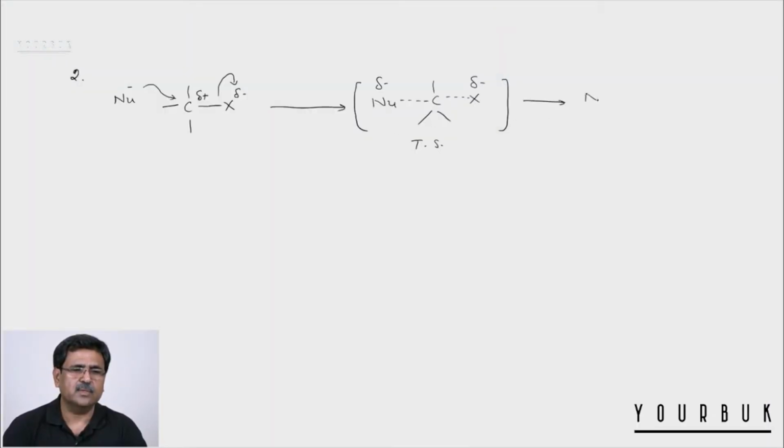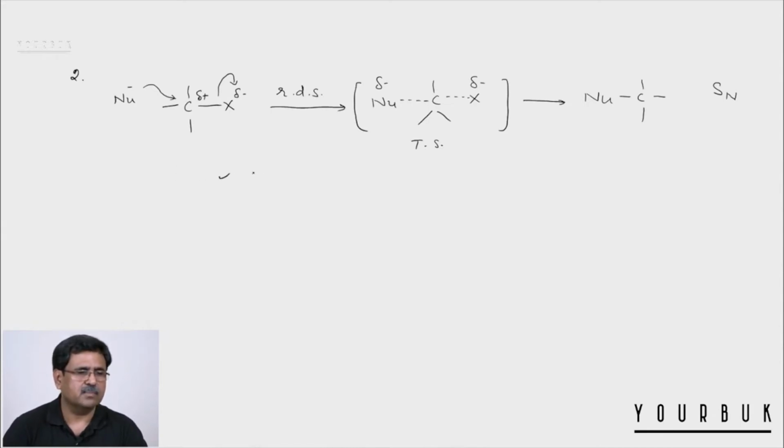Finally, it gives you the product in which the X has been displaced by the nucleophile. This is also called a nucleophilic substitution reaction. In this second possibility, bond formation and bond breaking both take place simultaneously, and the formation of this transition state is the rate determining step.